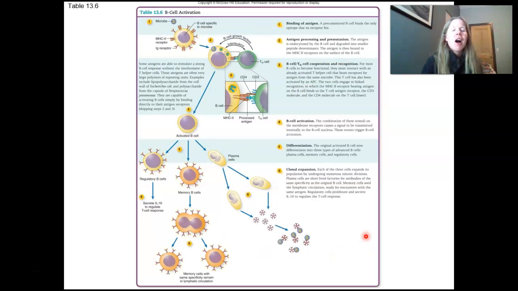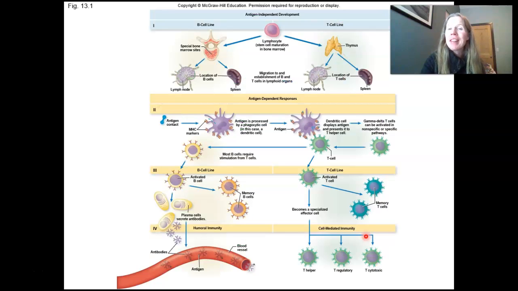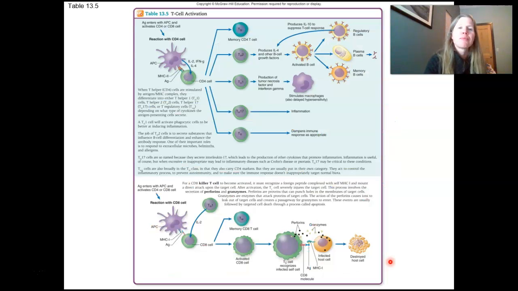Okay, so that's the T cell side of things. Activated T cells, some of them become memory cells. Helper T cells are telling everyone what to do. Cytotoxic T cells are running around and killing virally infected cells.